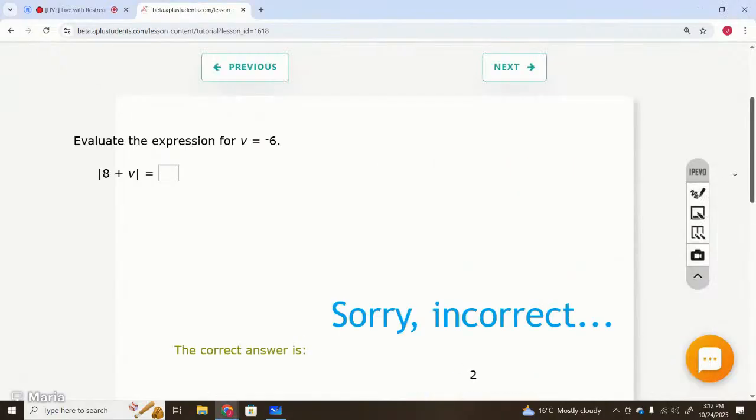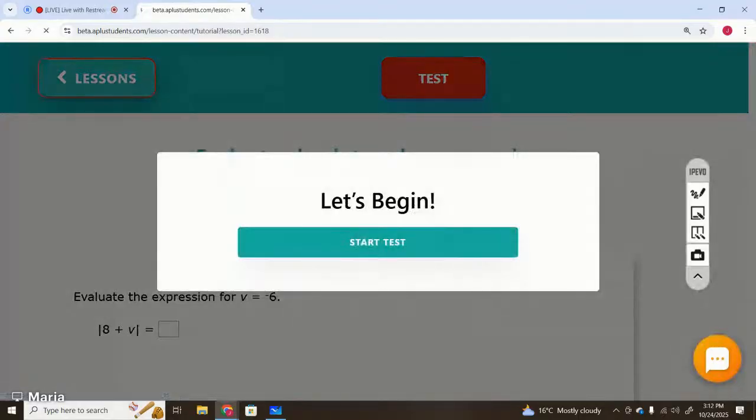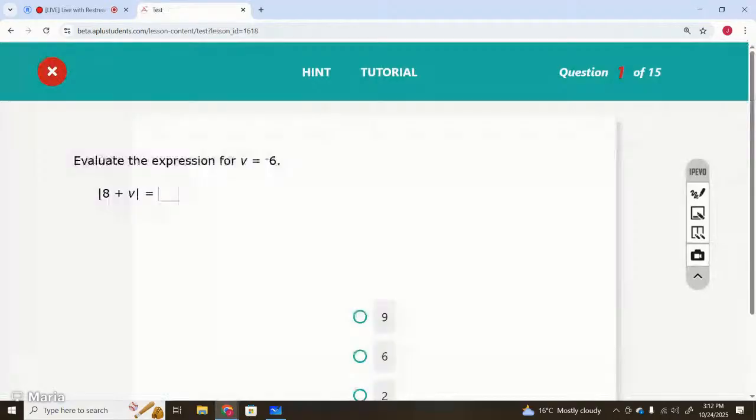Let's just start with the test questions. Evaluate the expression for v equals negative 6.